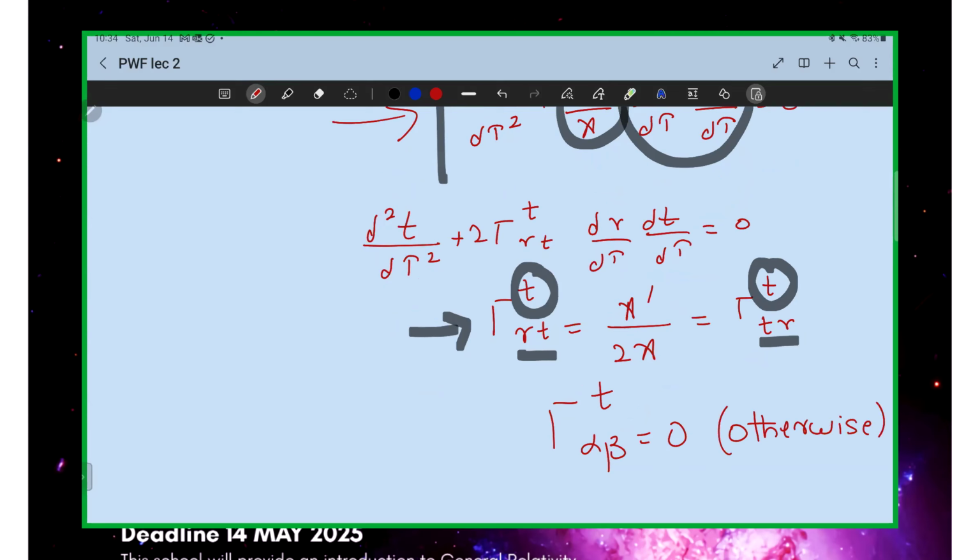Now, if you think about it, I have calculated 16 Christoffel symbols in a matter of minutes, right? Because you got all of them which have time in the upper slot. There are 4 components that can come here, so 4 times 4 is 16. So I have derived 16 Christoffel symbols in one go, right?